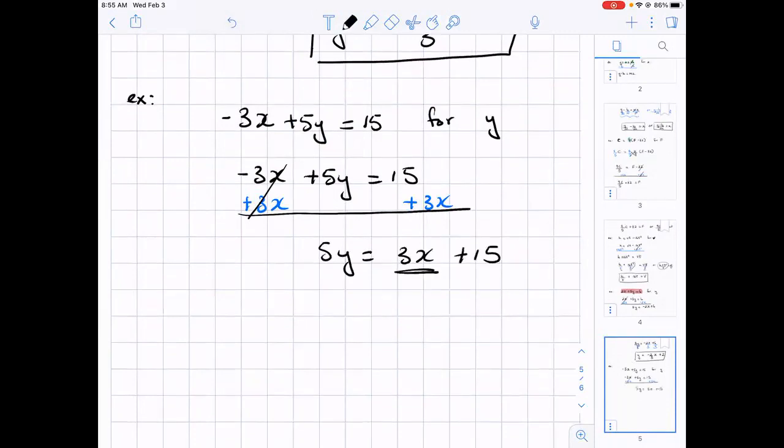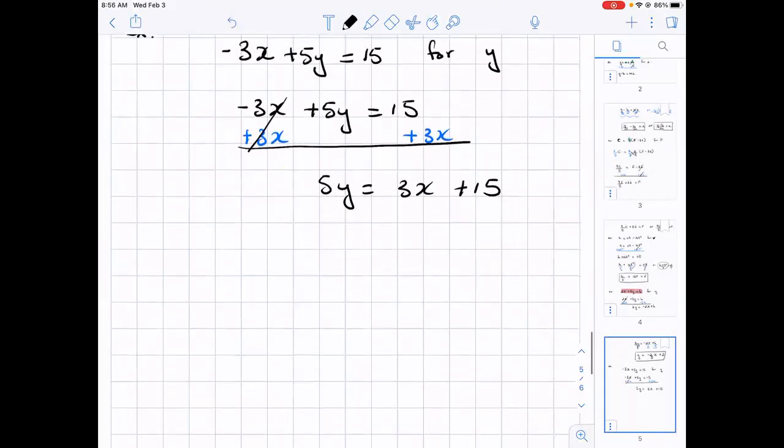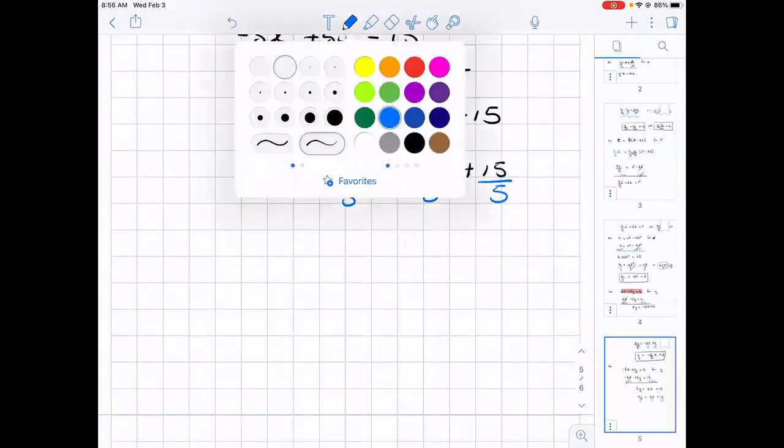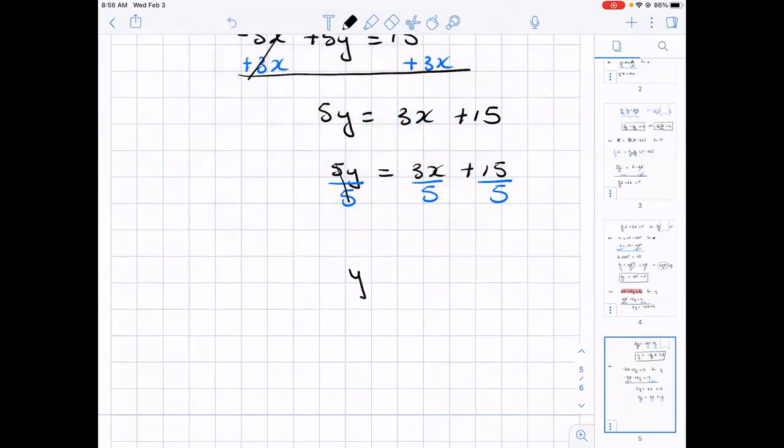Notice I write the x term first because I know this is linear, so it's y equal mx plus b. The x term is first. And now to get y by itself, we will divide each term by 5. And when we do this, we have y is equal to 3 over 5x plus 15 divided by 5 is 3.